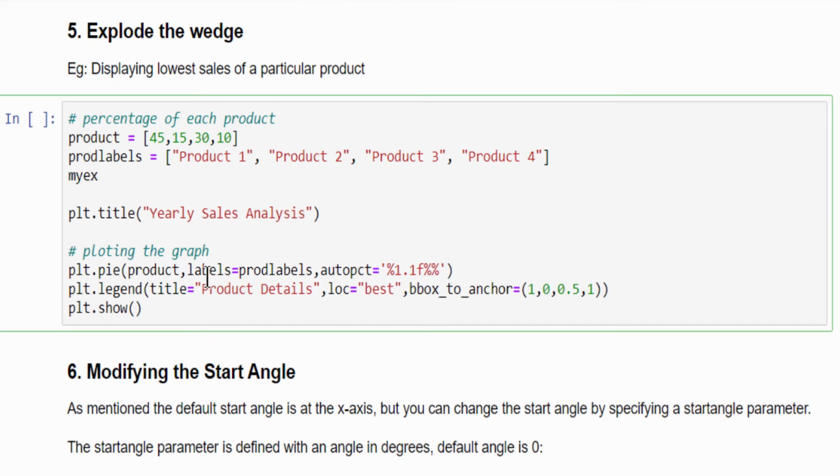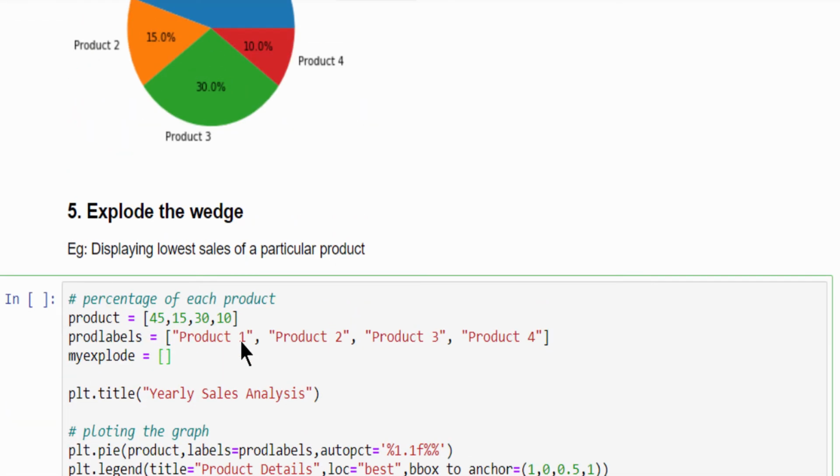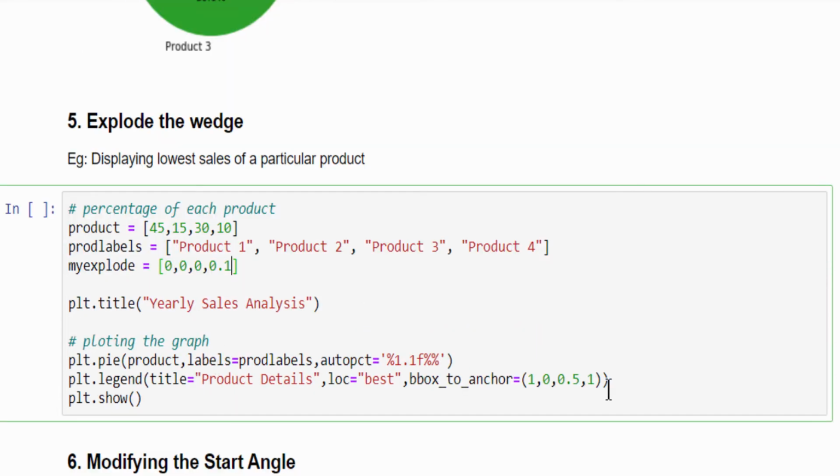My explode equal to, which one you want to explode. Product 4 is 10%. I want to explode that. The rest of the products, let them be in the same position. So for product 4, I'm giving 0.1 inch. Then what you have to do here, add that parameter explode equal to my explode.